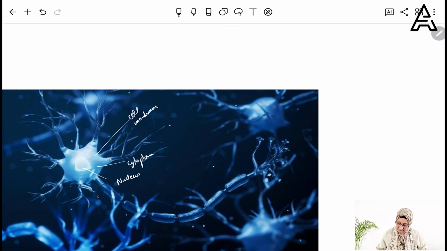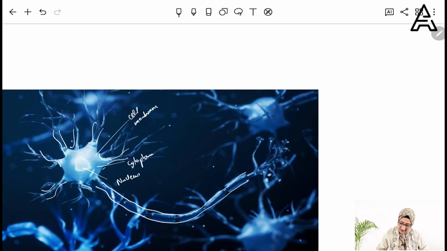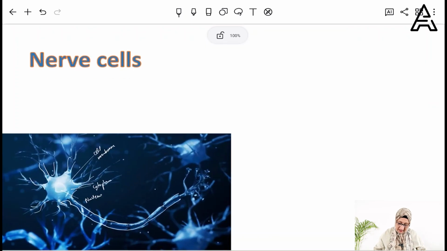This is a long extension, and these are extensions coming out of the cell. Again, we'll take the structure in detail in topic 14. We're just showing that some cells are different. These extensions are responsible for connecting this nerve cell or neuron with the previous neuron and the next neuron. So they are responsible for connection between neurons. Well, connection is helpful for what? Helpful in transmitting the nerve impulse. Again, we'll discuss the rest of the structure later.